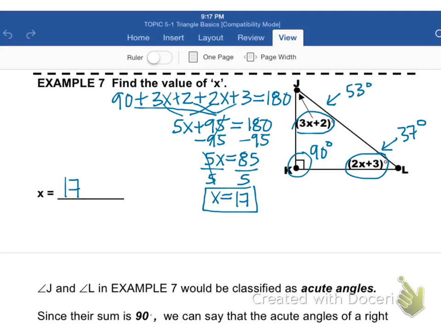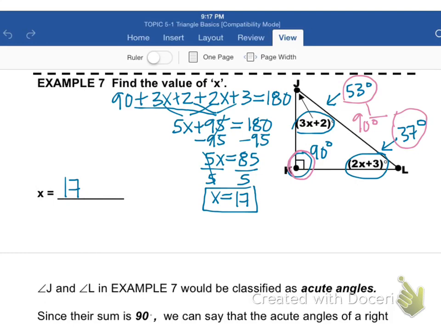Notice, the two acute angles in a right triangle, angles J and L in this case, will always add up to 90 degrees. These two will always add up to 90 degrees. And you can verify that right now. These two add up to 90 degrees, because those two have to add up with this other 90 degrees to equal 180.